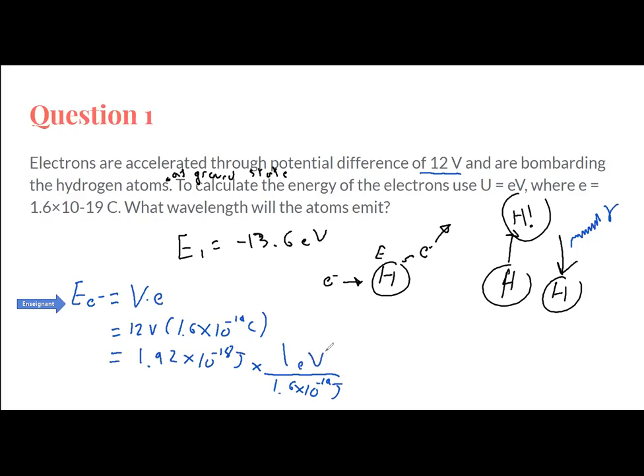I'm just doing a unit multiplier to see the electron's energy in electron volts. This gets me 12 electron volts.